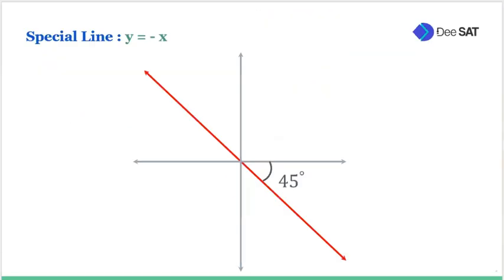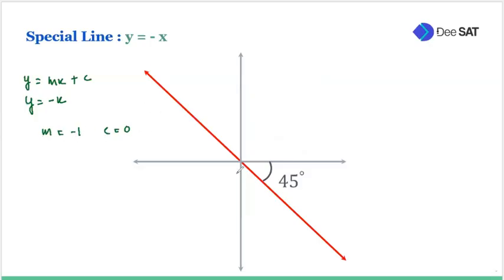Moving ahead towards the second quadrant bisector line, or the special line, which is y is equivalent to negative of x. When you compare this line with y equals mx plus c, you can see that the value of m is negative 1 and the value of c is 0. Again, this line is a negative line with a negative slope.